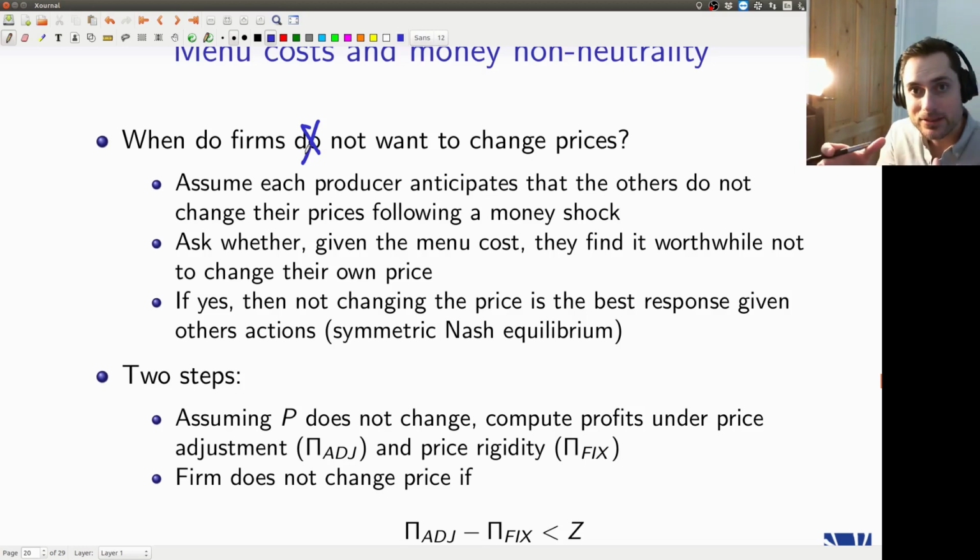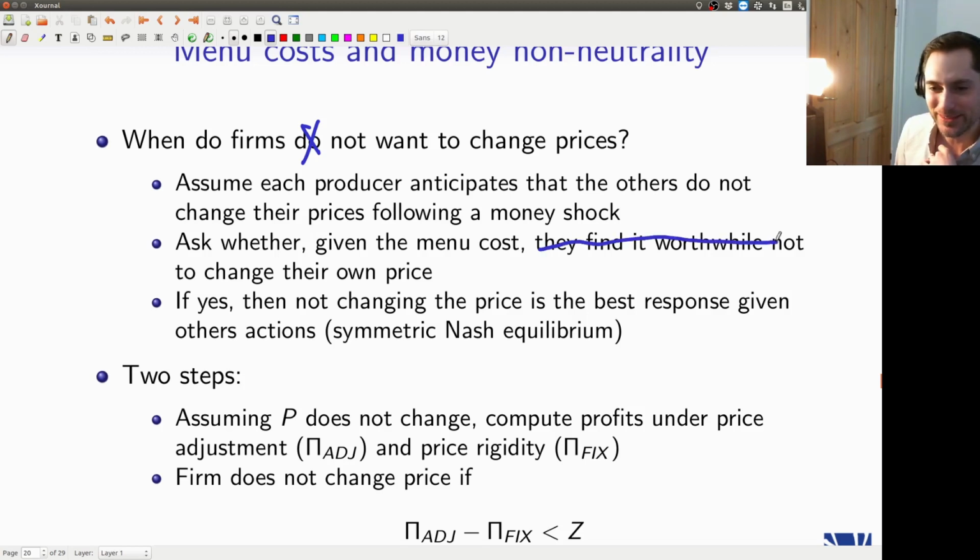If the answer is yes, then that's not an equilibrium. If the answer is no, then, oh, excuse me, I read this the wrong way. This is kind of written in a confusing way, isn't it? I should say, ask whether, given the menu cost, firms don't want to change their price.